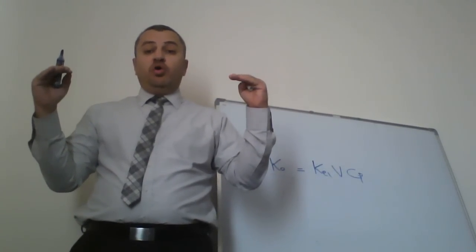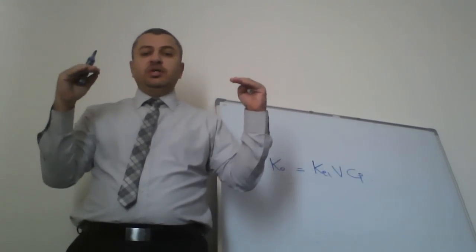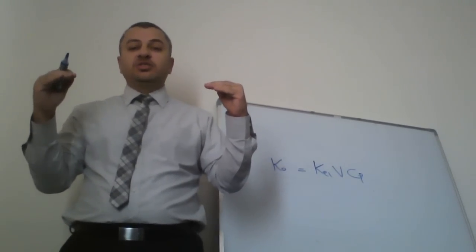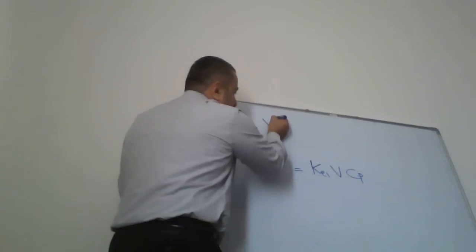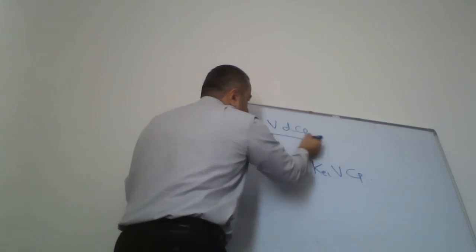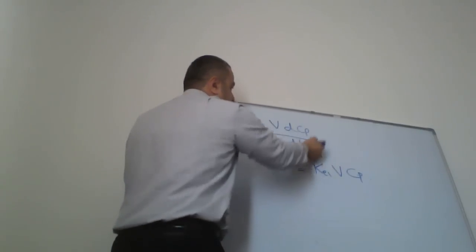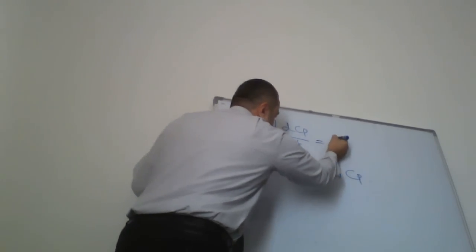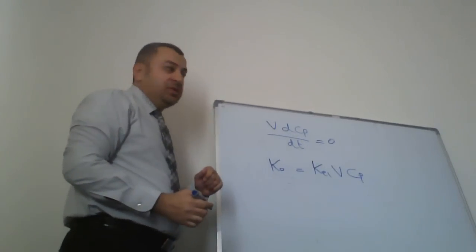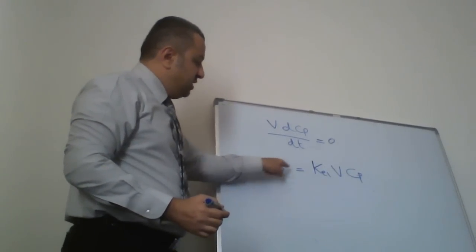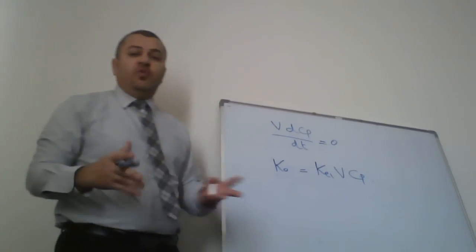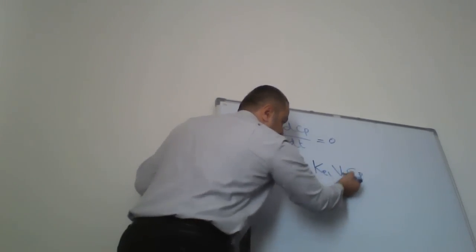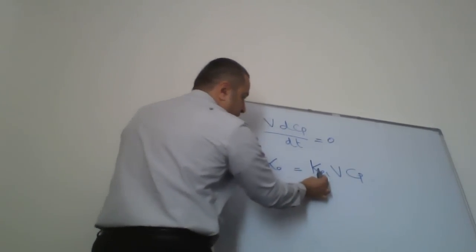Both processes, the input and the output, are equal, so there is no change in the concentration, which means that V dCp divided by dt, the change in amount per time, is equal to 0. So K0 and KEL V Cp are equal at that time.